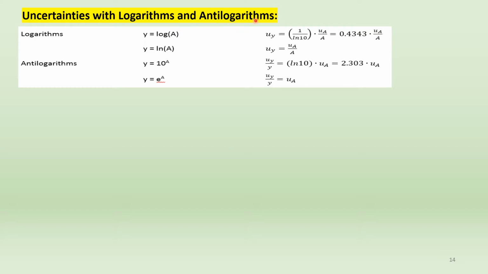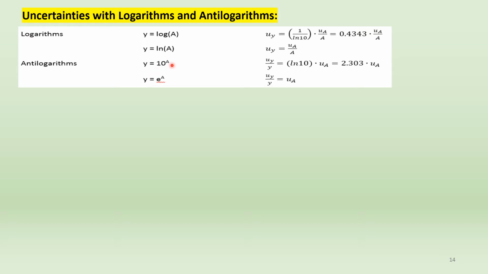Interesting, we're switching between absolute uncertainty and relative uncertainty. And this is akin to what we saw in the rules for sig figs, where the absolute, if you will, uncertainty, or the number of decimal places to keep in a log value, was related to the relative, if you will, uncertainty. That would be the number of sig figs in the number. It works about the same way. In the case of an antilog, y equals 10 to the a.